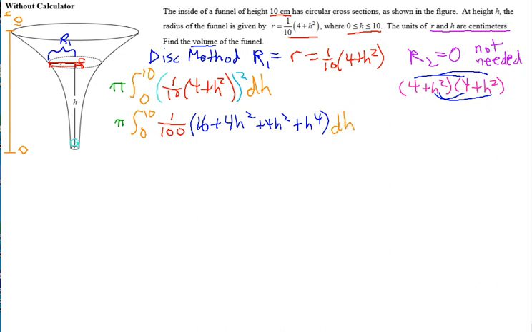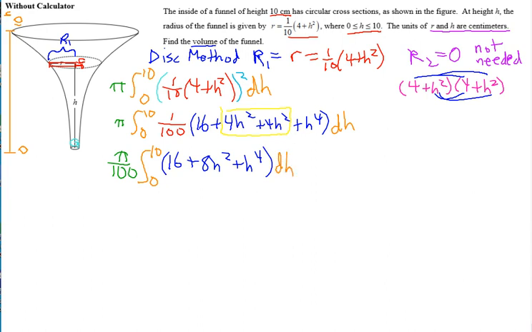So it's a little simpler. We can pull the constant out in front. The 1 over 100 times the pi makes it pi over 100. Then we've got the integral from 0 to 10. We can combine our like terms, the h squared terms: 4h squared plus another 4h squared. So now we've just got 16 plus 8h squared plus h to the 4th. Since these are just added together, we can integrate each one separately.